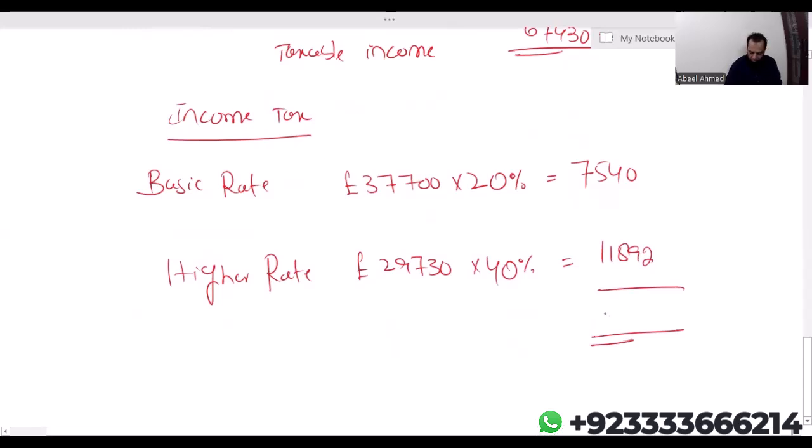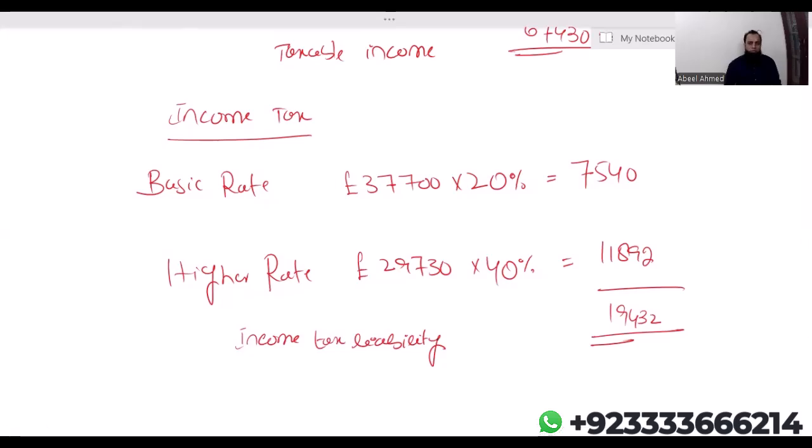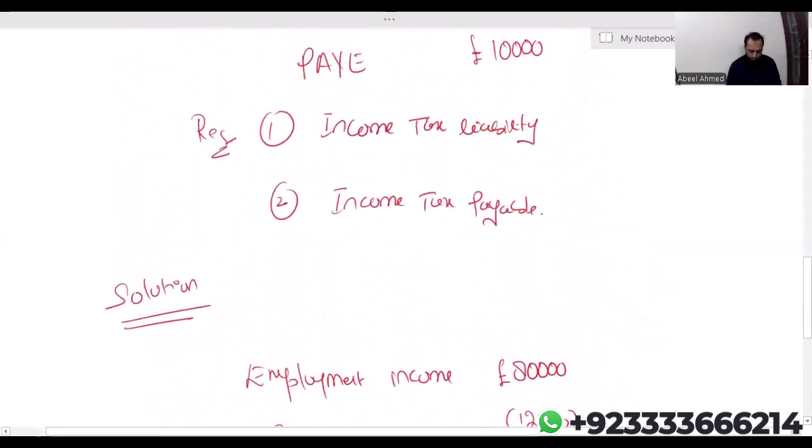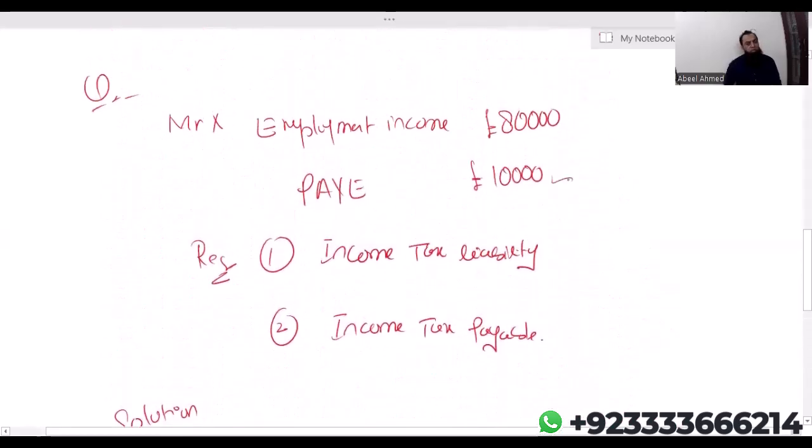Your income tax liability is 19,432. This is your income tax liability, the total income tax liability. But out of that total, this individual has already paid in advance. How much? Tax paid in advance by this individual is 10,000.